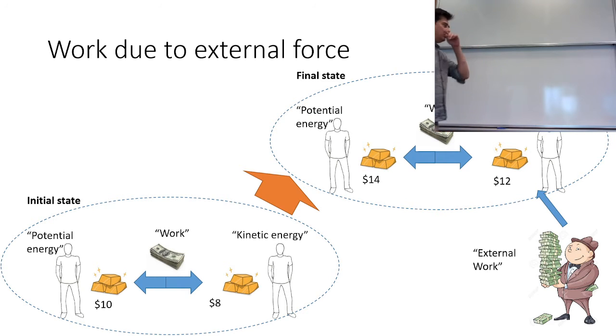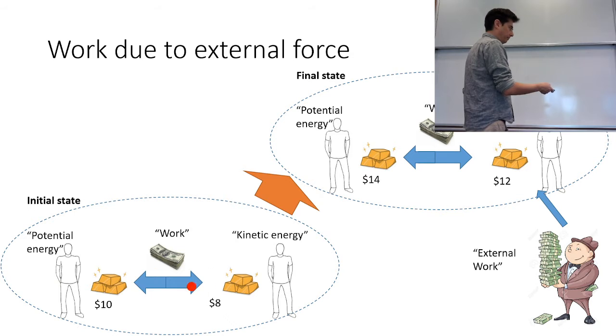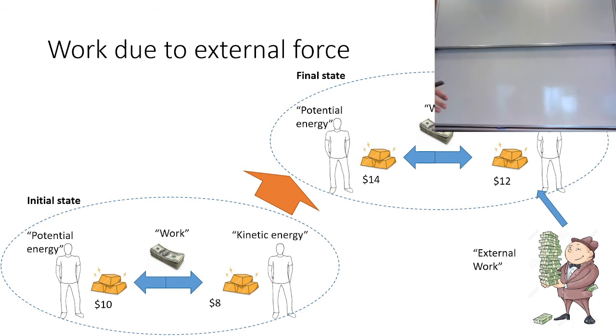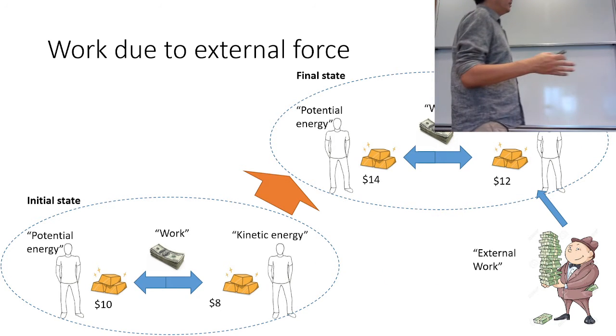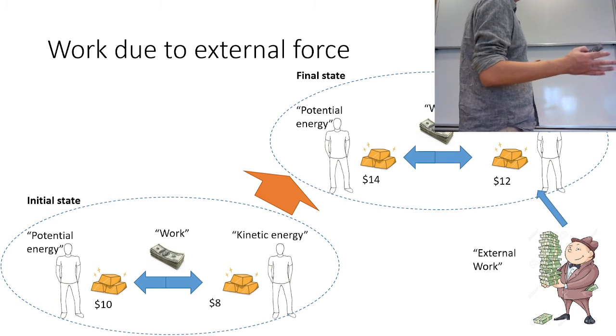So we can kind of visualize it like this. Previously we were just talking about work as being something that is between, say, the potential energy and kinetic energy, but actually if there's external work done on the system, then what can happen is that the overall energy of the system might increase.